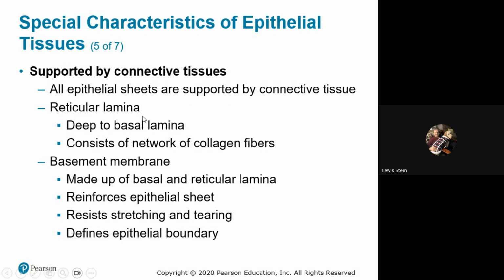So, epithelial sheets and the connective tissue: you have a base layer, and it's collagen fibers. Underneath that basal lamina, there's something called the reticular lamina. Again, this is just protein that forms a base or a framework. Not a big deal.